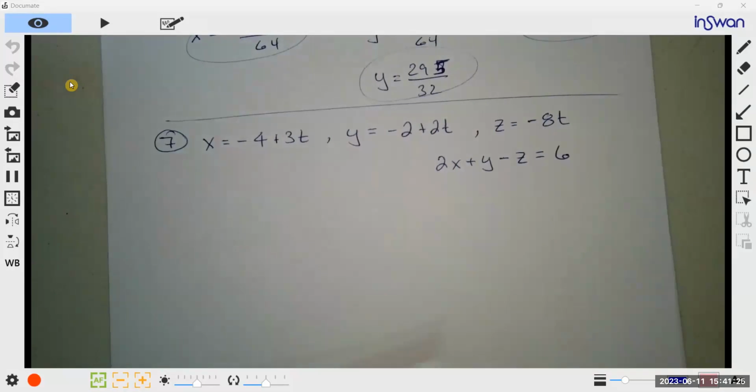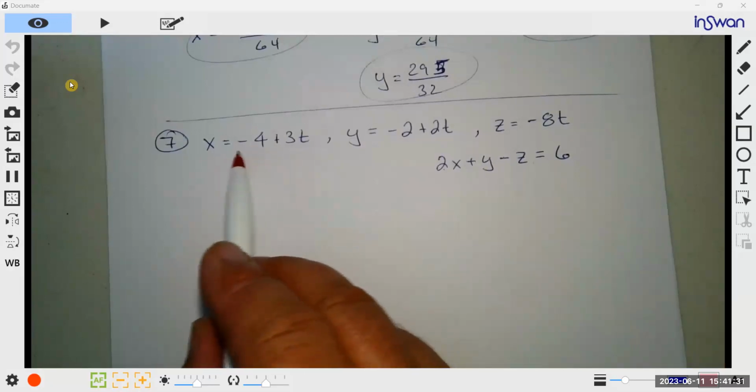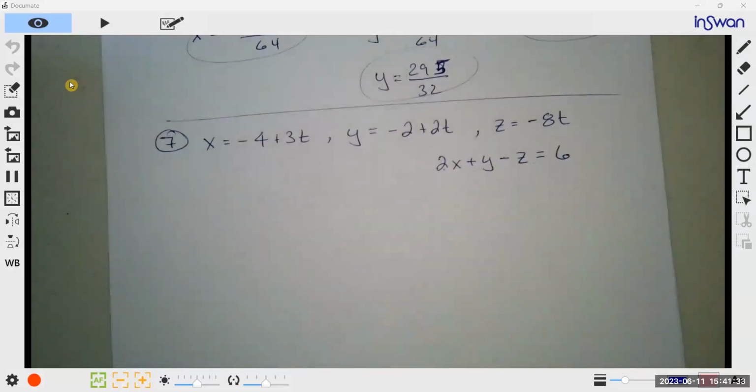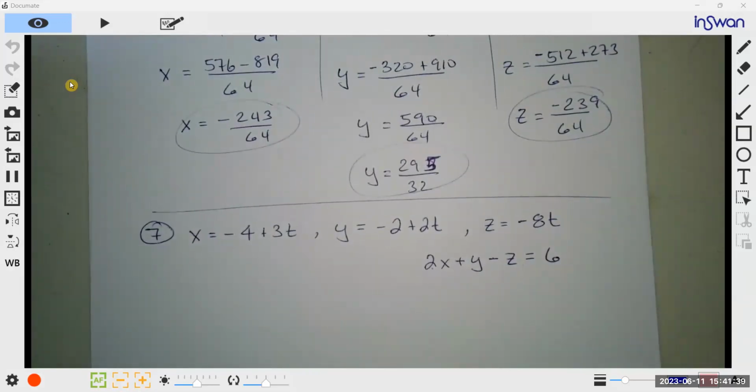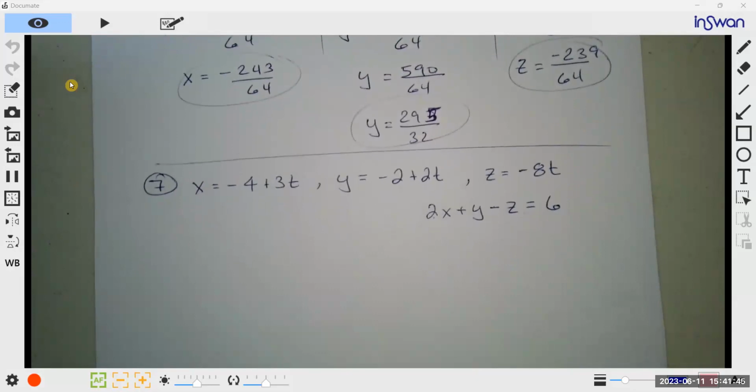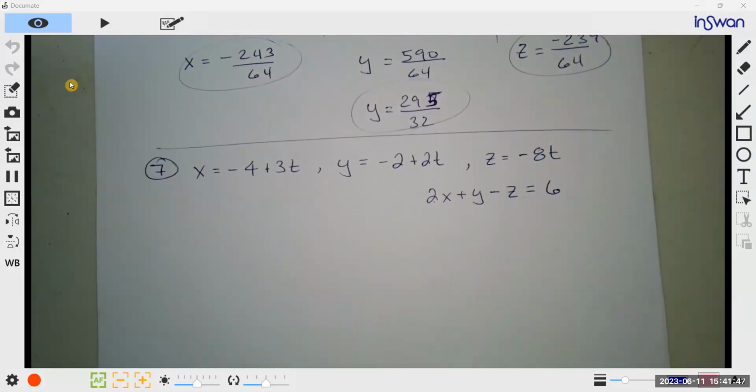Remember, these are the ABCs, and these are the x's. I can make sure I was right.